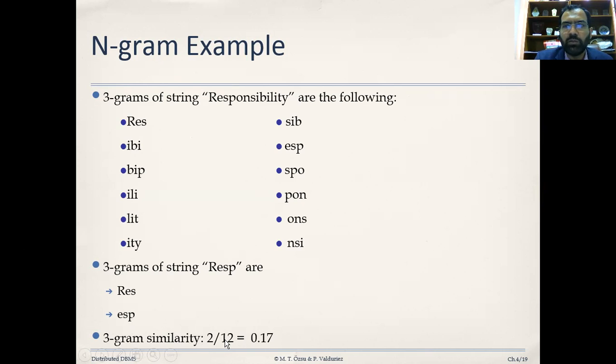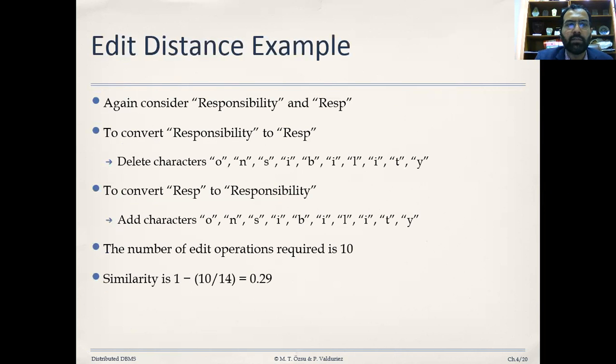So that is 2 divided by 12, that gives you 0.17, which is the similarity that might exist when you apply the 3-gram approach. And that is how it can be used in any schema matching.